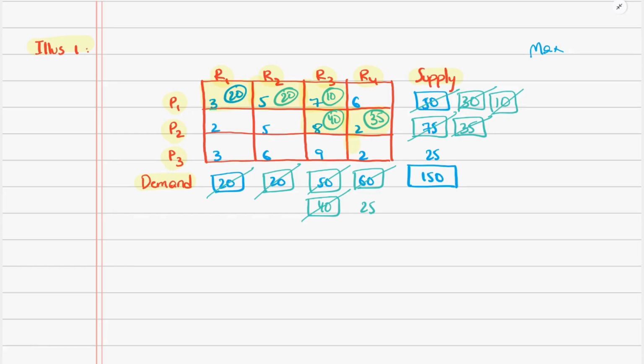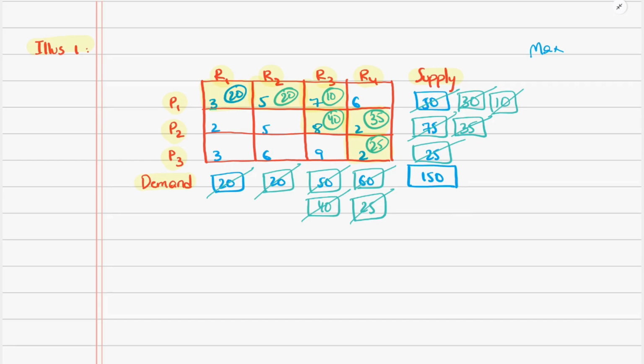And now when I select this cell, if your problem is balanced, if the total demand is equal to total supply, what happens is, if you look at the corresponding demand and supply, you always have the same amount. So now I will allocate 25 because the demand is 25, the supply is also 25. I made an allocation of 25. This demand is satisfied, this supply is also satisfied.